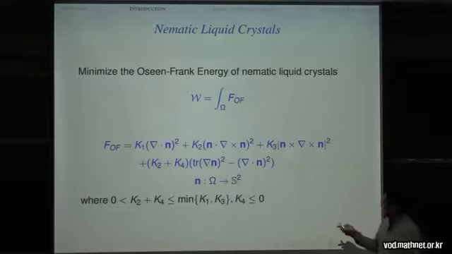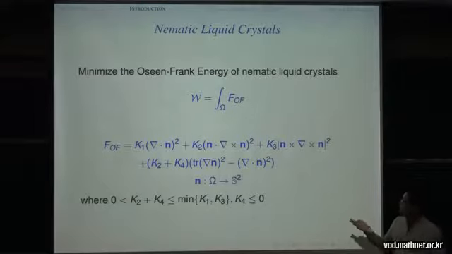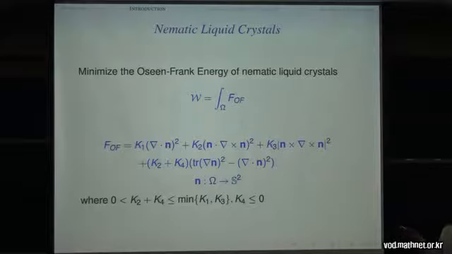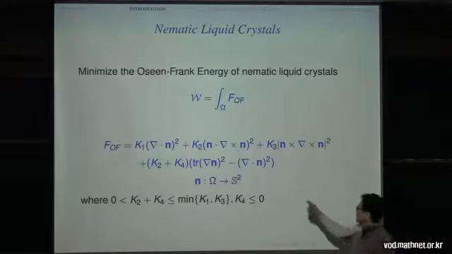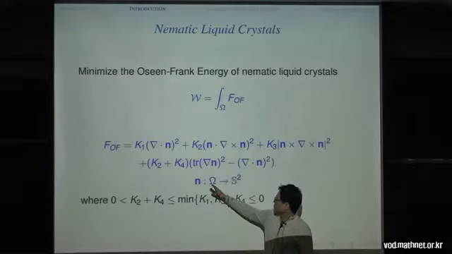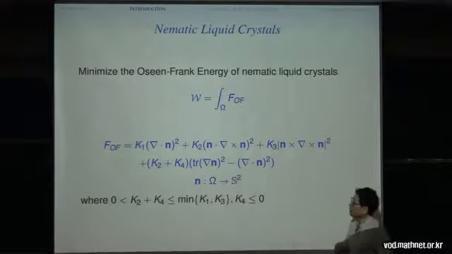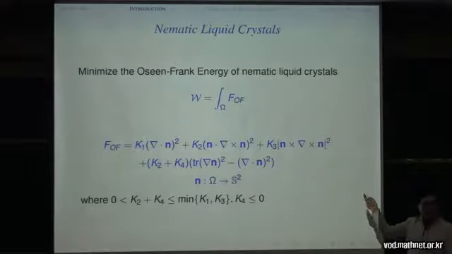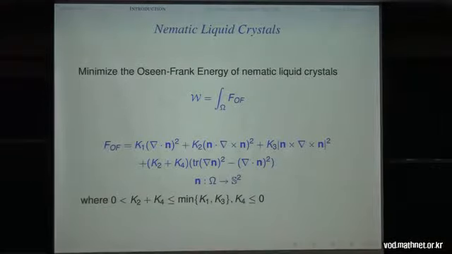I'm not going to spend time on this energy. This energy was well studied during the 1980s and 90s. Here n is a unit vector field from Omega to S2, and you minimize this energy subject to these conditions. So this is one of our typical problems.